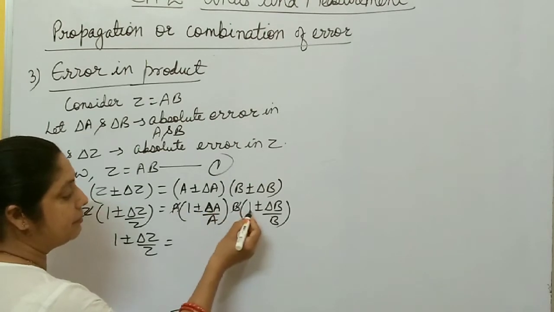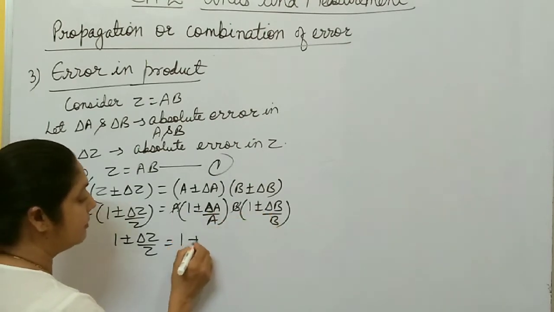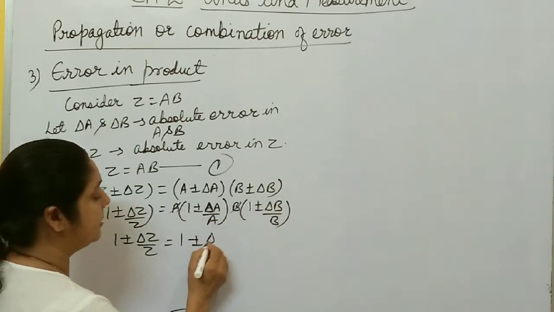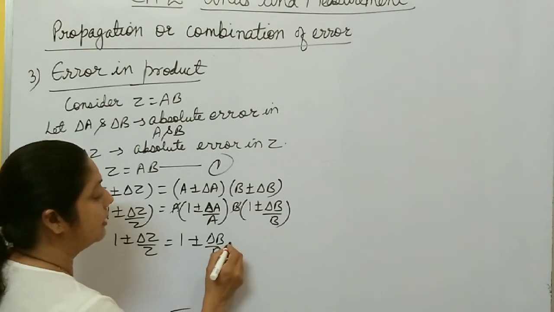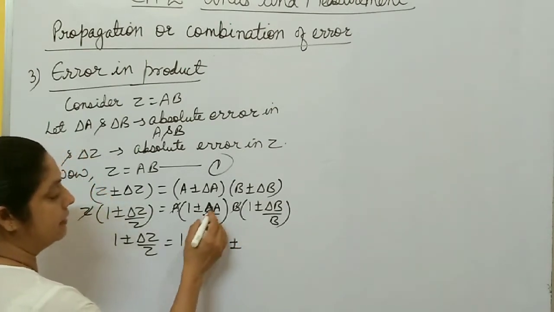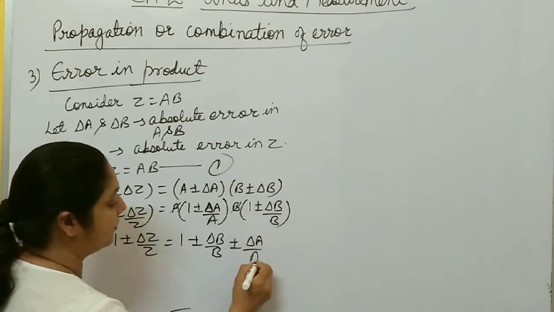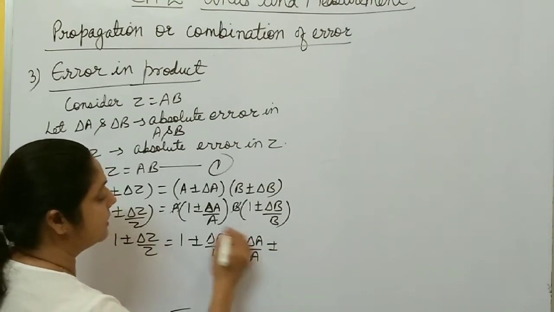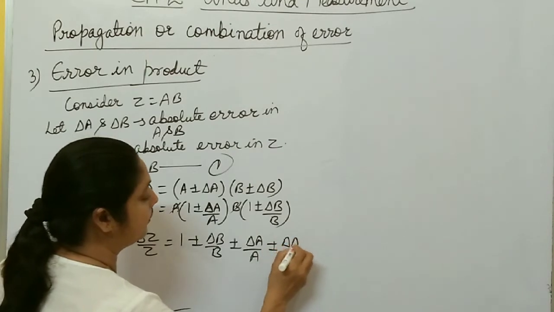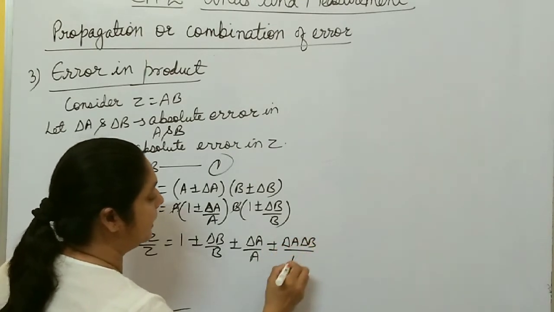First 1 is multiplied with these two terms, so 1 plus minus 1 into delta B by B, plus minus delta A is multiplied with this one, so delta A by A, and then plus minus delta A delta B by AB.